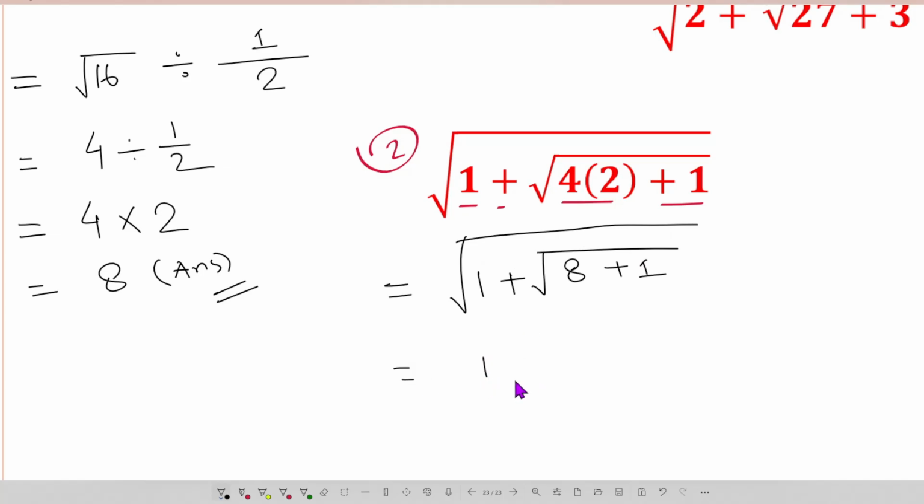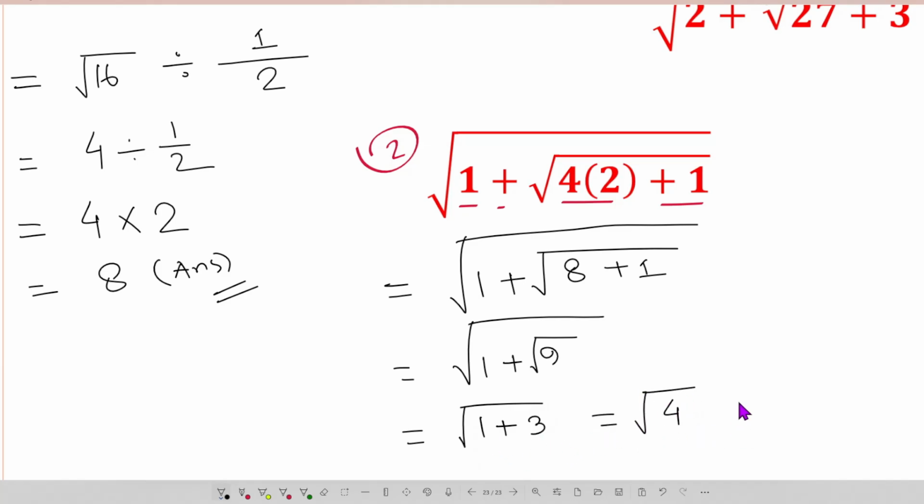Now look, 1 plus 8 plus 1 is 9, also root and whole root. Then 1 plus root 9, what does it mean? It means 3 and whole root. Now look, 1 plus 3 is 4, square root. So our answer is 2.